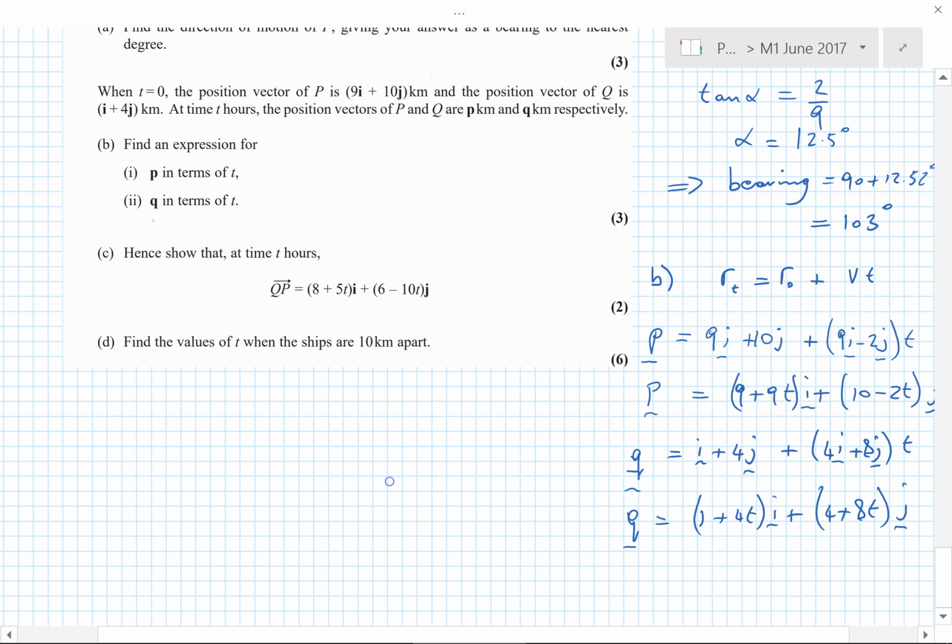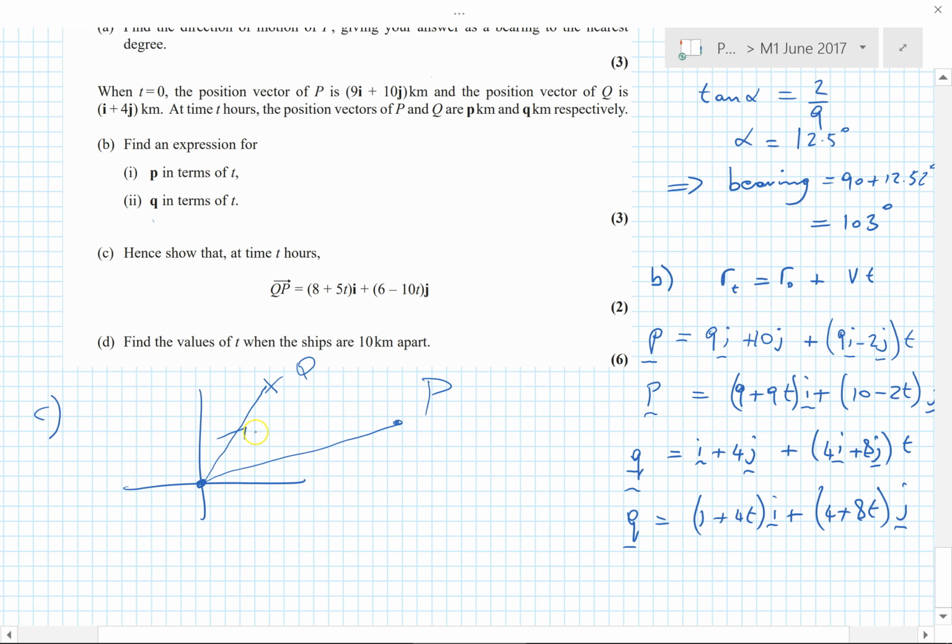Now for the next part, C, it wants the position of P relative to Q, the relative position vector. What I like to do here is basically do a diagram, put Q here, say, P here, doesn't need to be accurate.